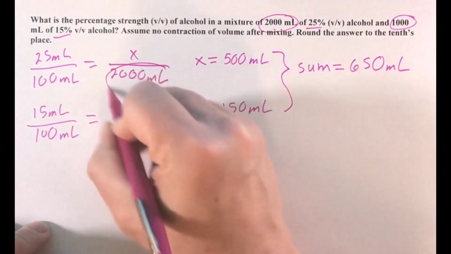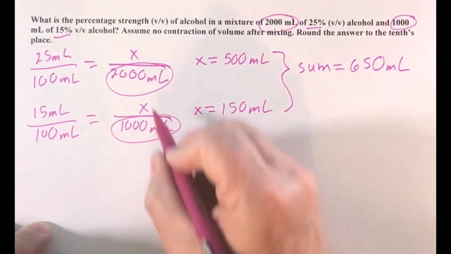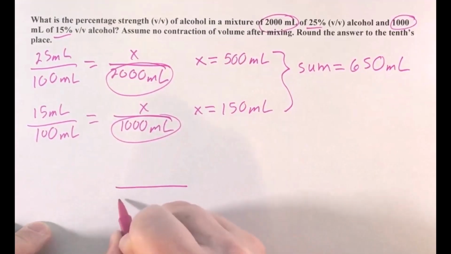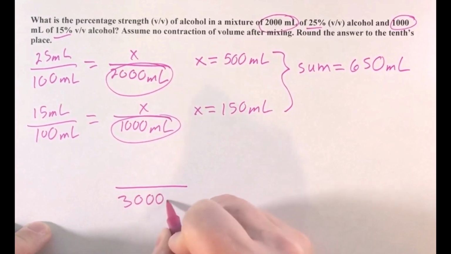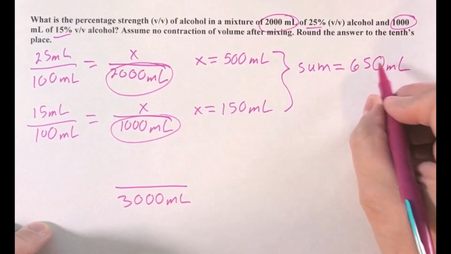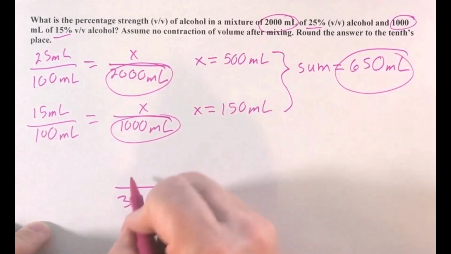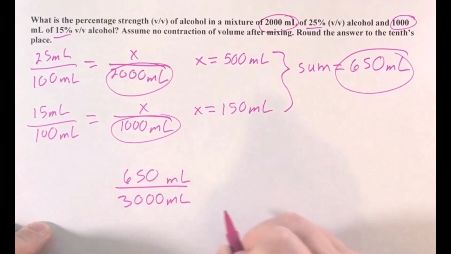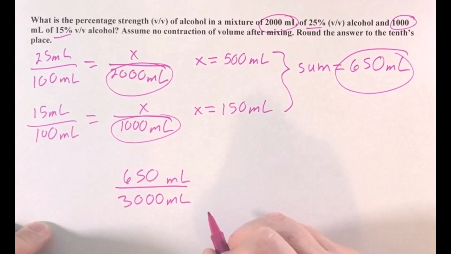Well, we have the 2,000 milliliters and the 1,000 milliliters. We're going to add these together. We'll get 3,000 milliliters. And we determine we have 650 milliliters of alcohol. Okay. Now we have enough information to determine the percent concentration.